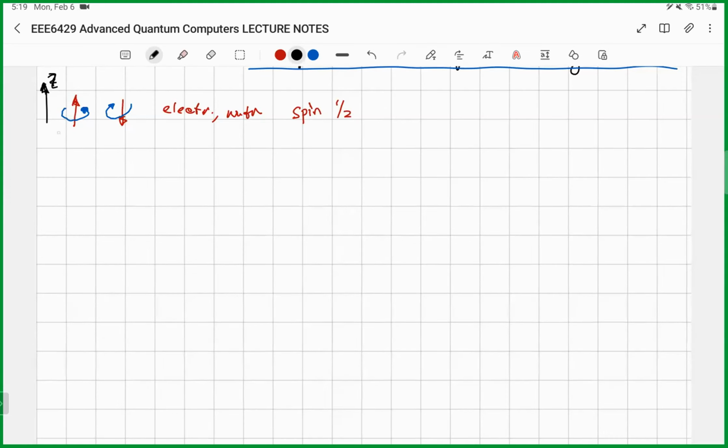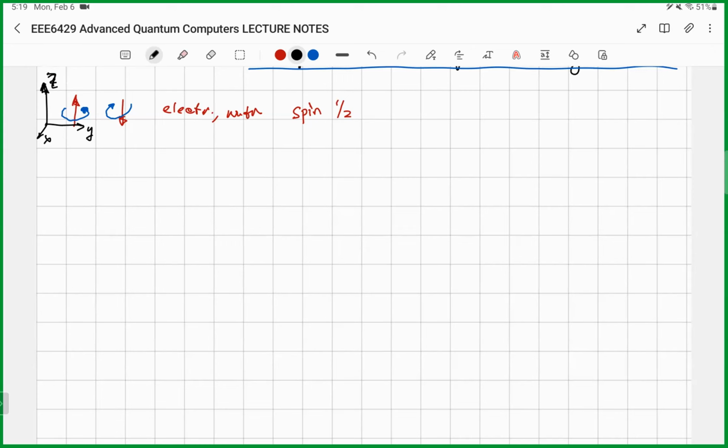But of course, I can put this detector along x direction and y direction and measure the state of this spin in the orthogonal direction to the z-axis.